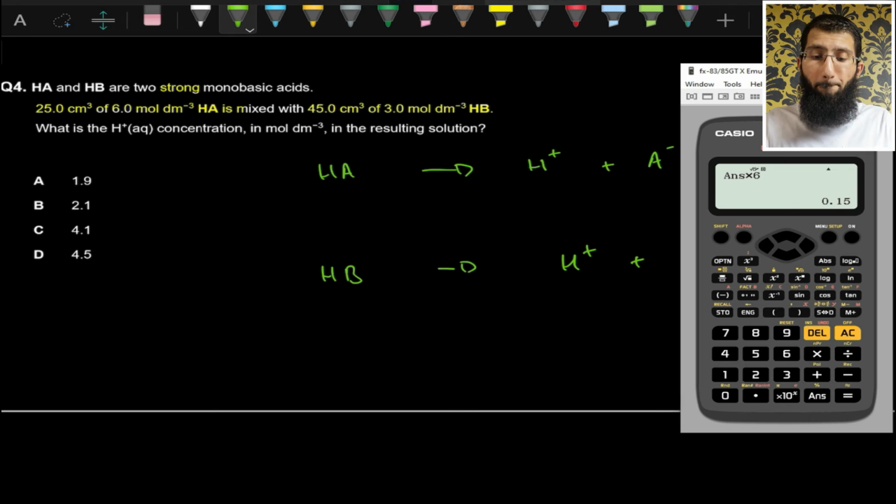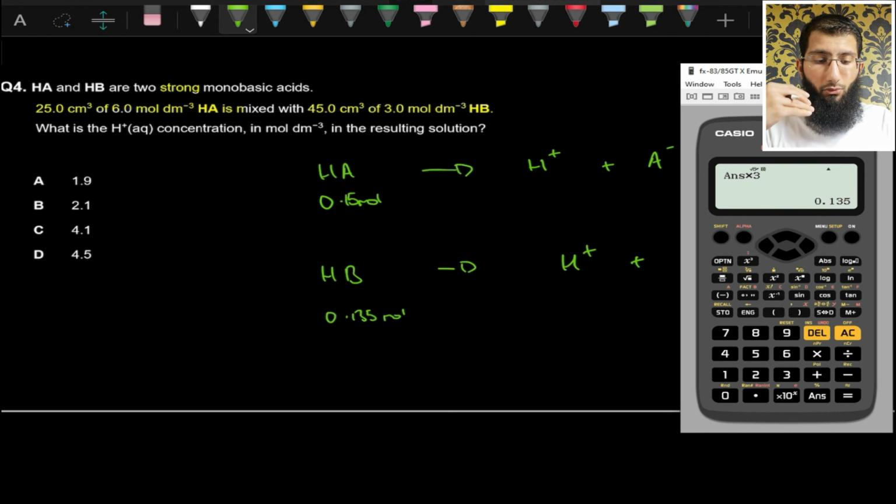So we know the moles of HA is equal to 0.15 mol. Let's do the same thing for HB. We're told that HB has a volume of 45 times 10 to the minus 3 in decimeters cubed, multiplied by 3. And we've got 0.135 mol. Okay, so we know the moles of HA and HB.